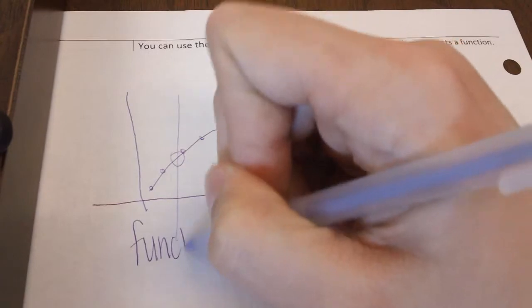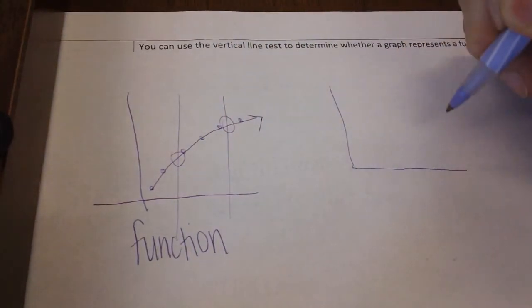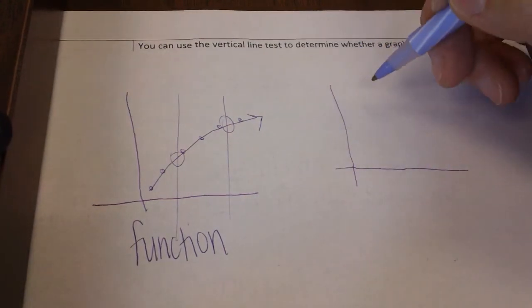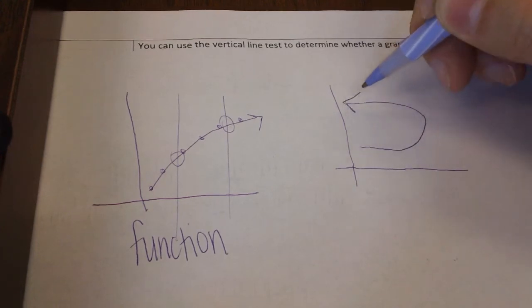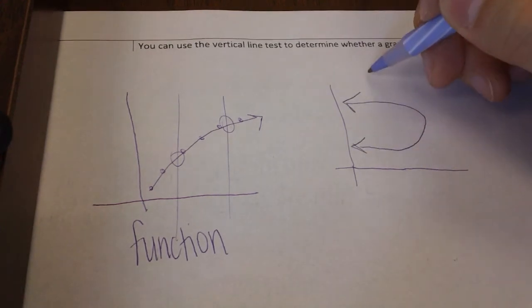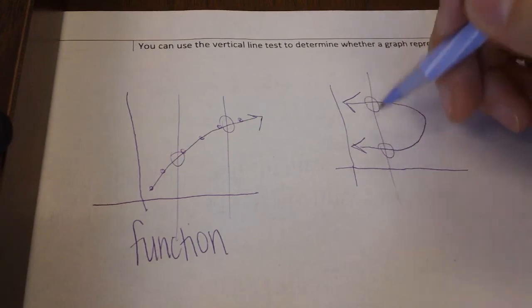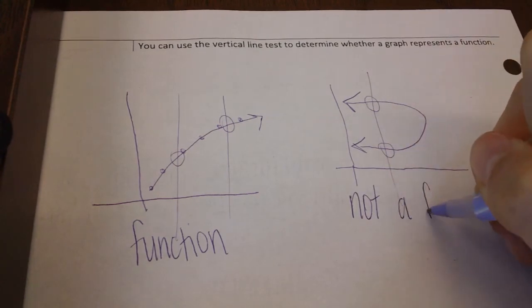So this is a function. When I have a coordinate plane and my line is perhaps a parabola, if I do the vertical line test and it crosses twice, then we have not a function.